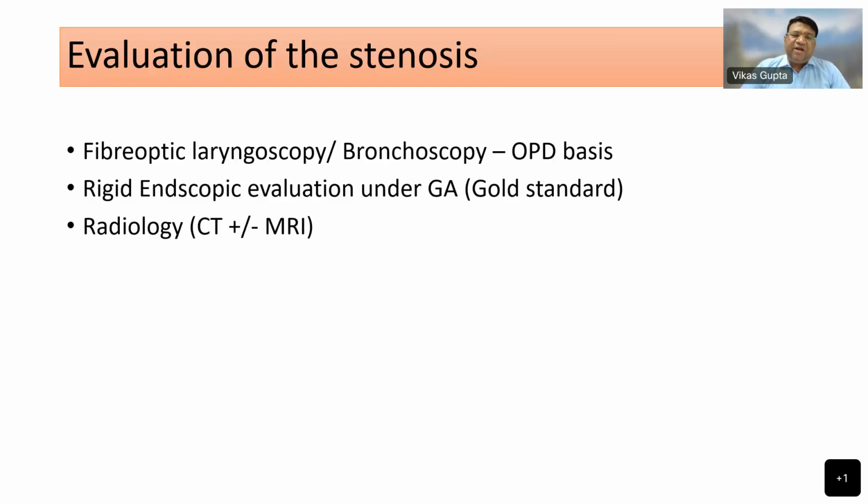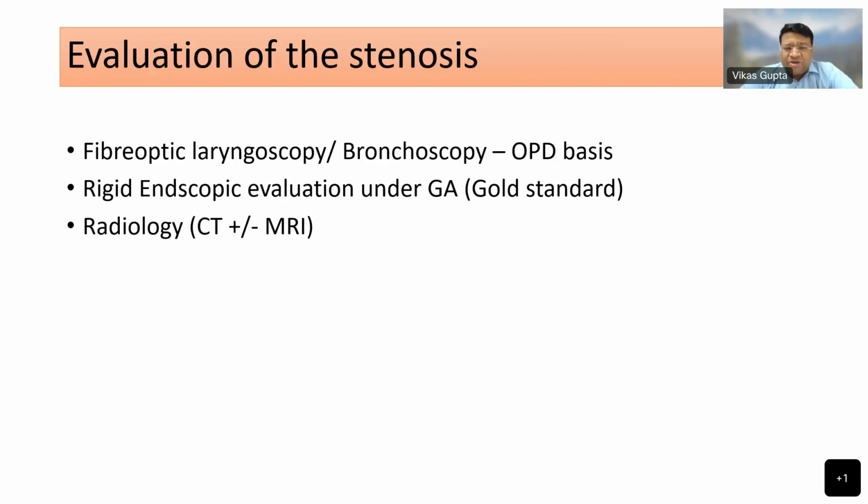The gold standard always remains a rigid endoscopy evaluation under general anesthesia. So we get a pre-anesthesia checkup for these patients, and you have to take these patients in a controlled environment, in your normal elective OT. The anesthetist should be very well explained what we are going to do and how much time we are going to take, especially if your patient is not tracheostomized.